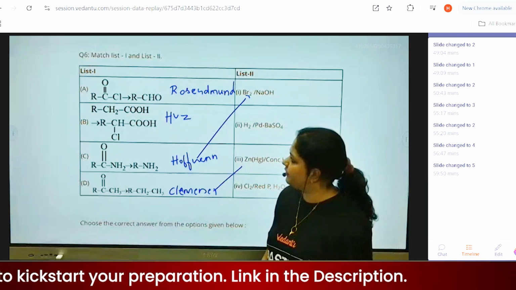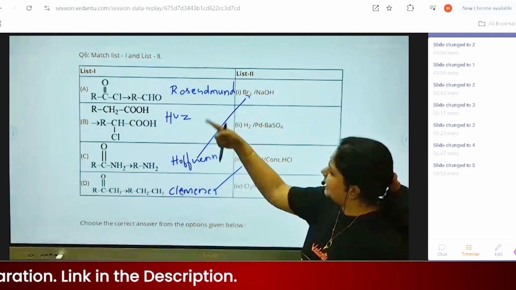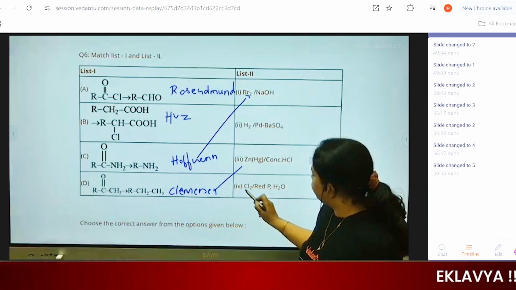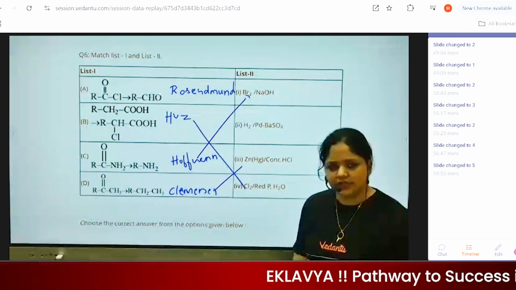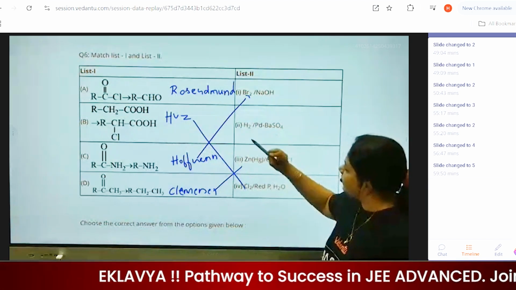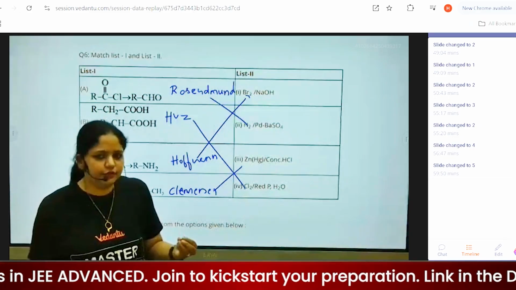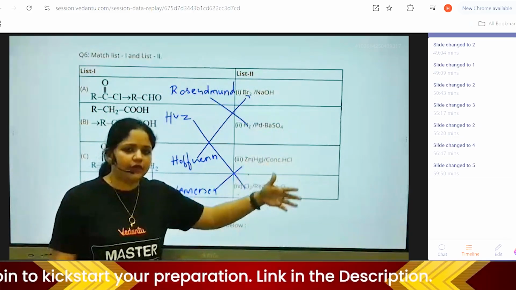Next, moving further. In this, I have to select B and A. Chlorine is involved here, so B is 4. Then this is Rosenmund reduction, A. Like this we can go on. Whichever you know first, go for it, then go on one by one.